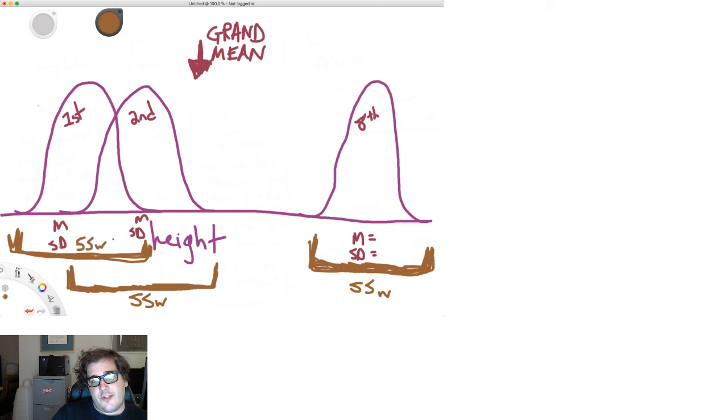Sum of squares between, another color, is how much variance is there from the grand mean to each other mean. So like from first grade to here, from second grade to here, and from eighth grade to here. So how fat is this curve? You can imagine there being one grand curve.